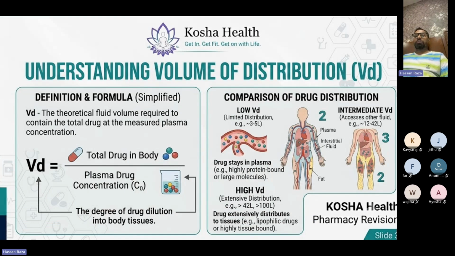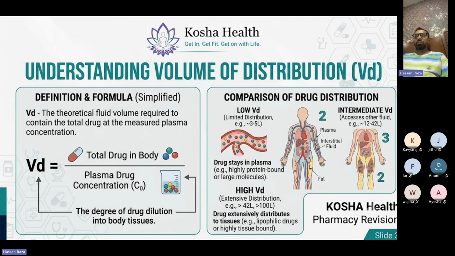But when we have to understand the distribution of drug, we will talk about volume of distribution. So what is volume of distribution? I should say, apparent volume of distribution. Because what is the volume of distribution? It is the therapeutic fluid volume which contains your drug basically. Let me put it this way: concentration is equal to the amount of drug divided by volume.